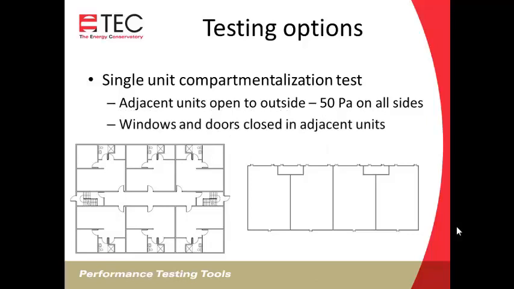Or you may be testing it with windows and doors closed. The door to the hallway, where it has a common hallway, would be closed, and then any windows in the unit would be closed.